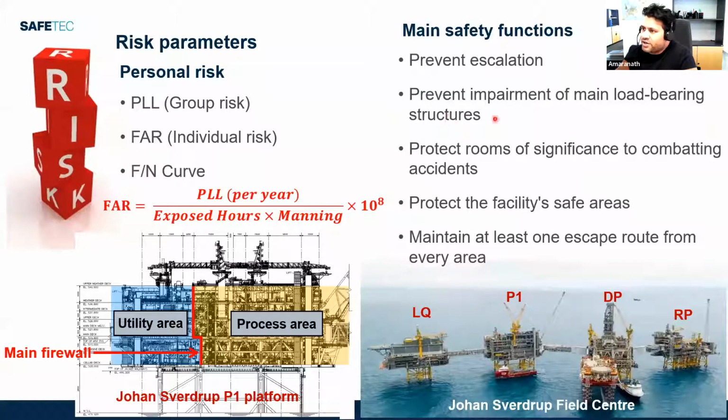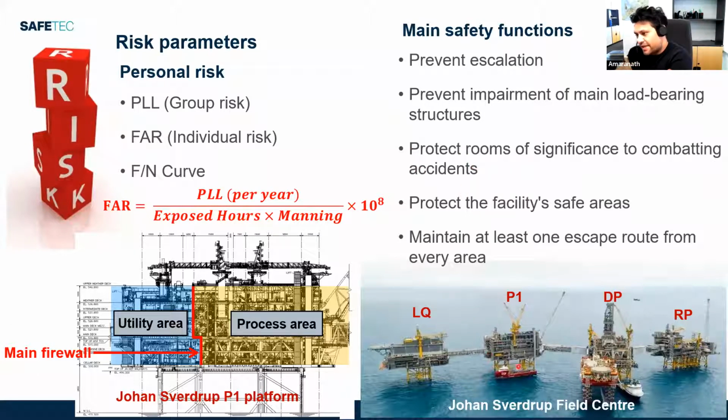We need to avoid collapse of the platform until we have full evacuation of the personnel on board. So if we have, for example, a blowout accident on the drilling platform, we need to have enough resistance on the main load structures, for example, the jack-up and the topside construction, until evacuation is completed. And then protect rooms of significance is important.